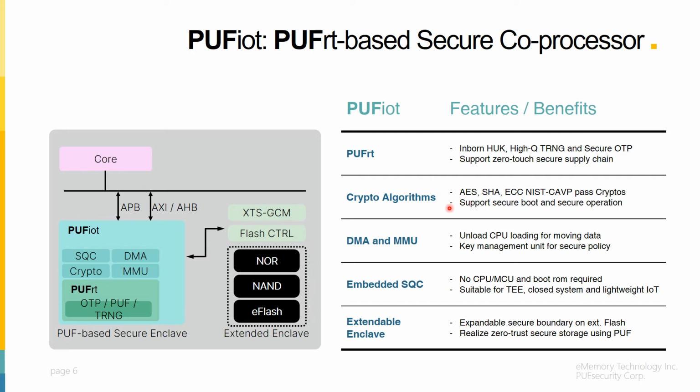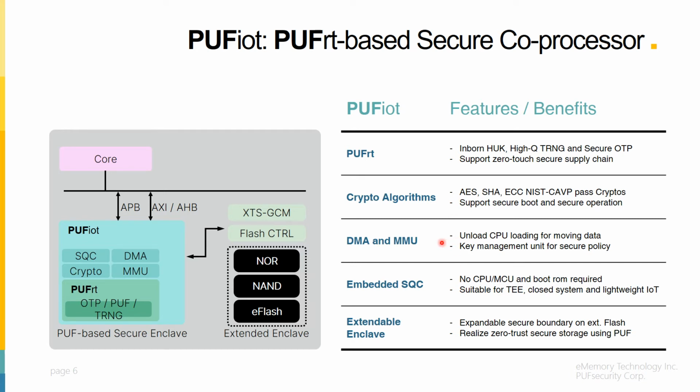Second, it has cryptographic engines around the PUFiot. It can support key generation, block ciphers, digest hashing, symmetrical and asymmetrical authentication, and key exchange protocol. Please note that PUFiot's cryptographic hardware accelerators already passed NIST CAVP certification.